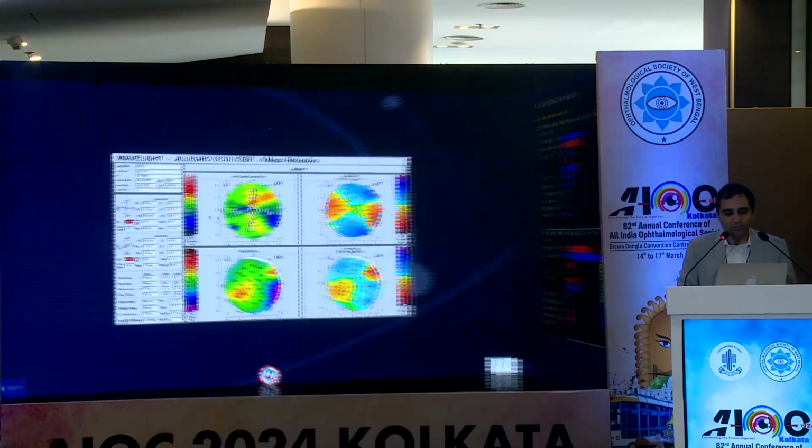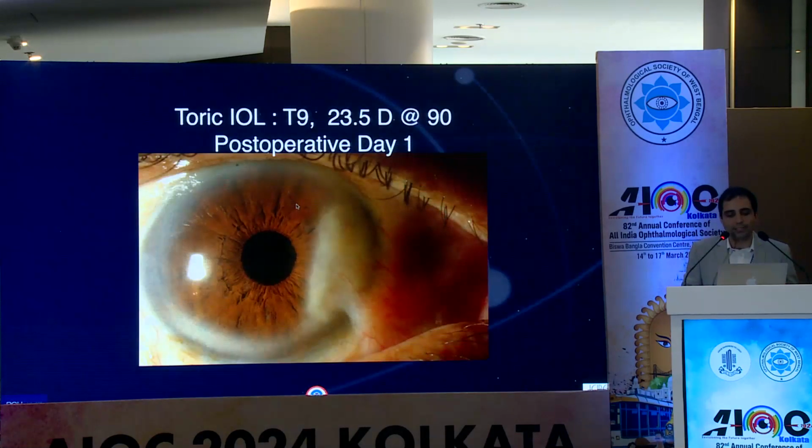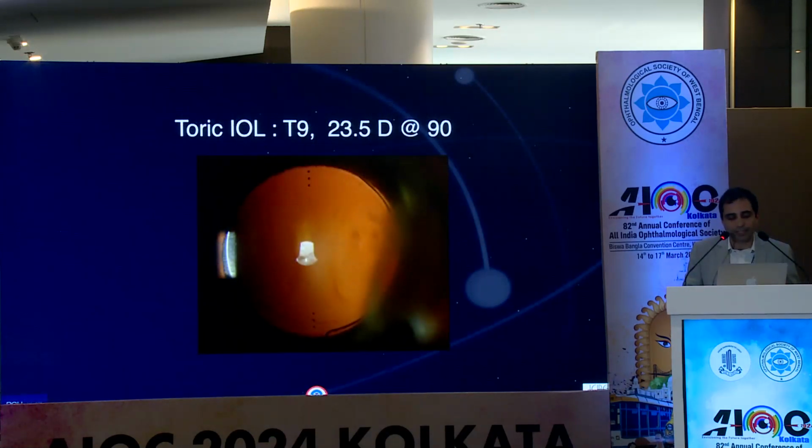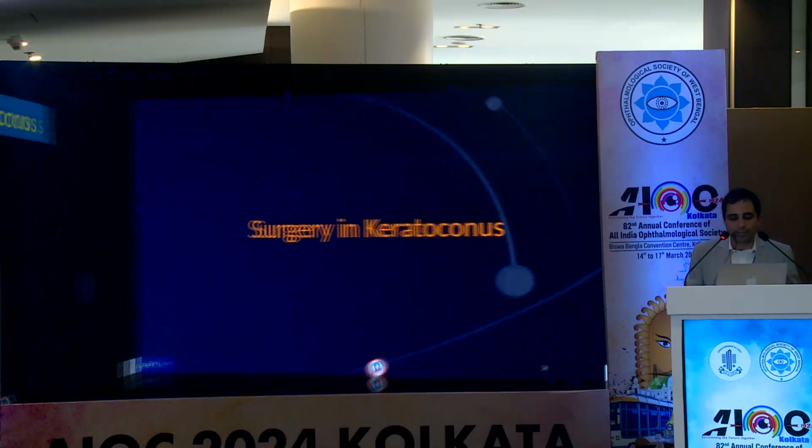But if we zoom in to this dotted zone, which is the actual mesopic pupil capture of the patient, you'll see that there is a regular bow tie appearance in this pupillary zone. So although the patient has significant pterygium, we did counsel him for a toric IOL, and the patient did very well post-operatively with very minimal residual error left behind.